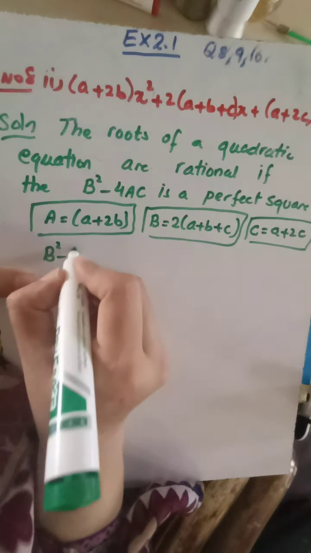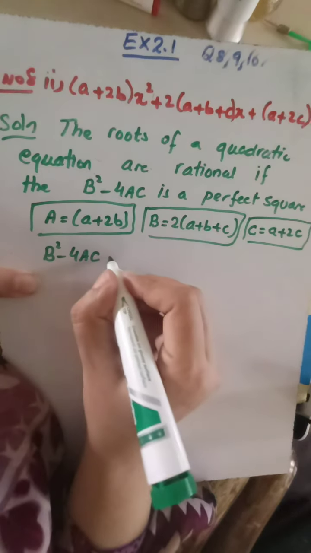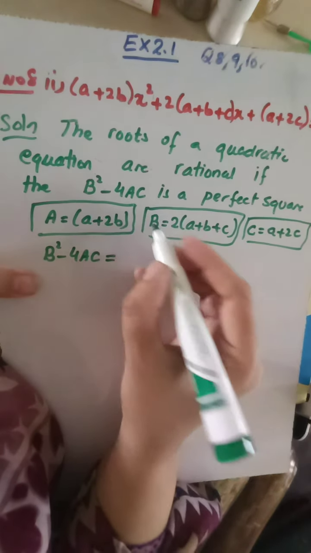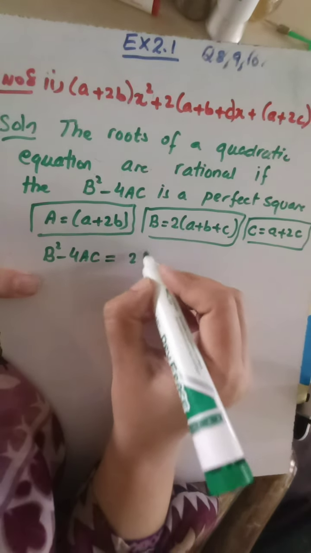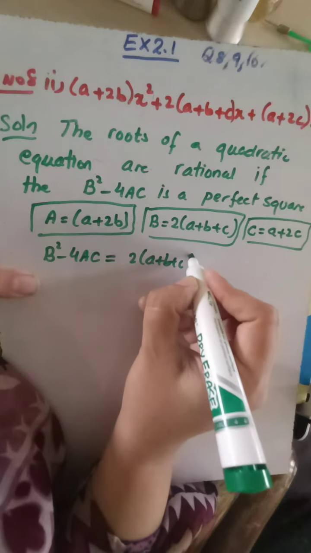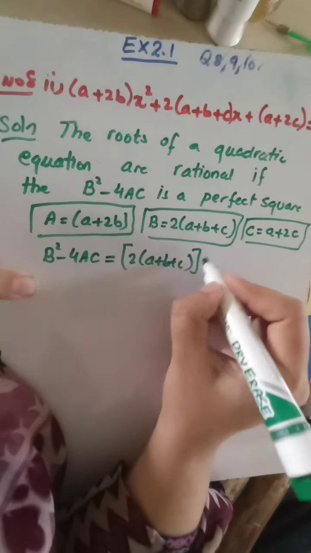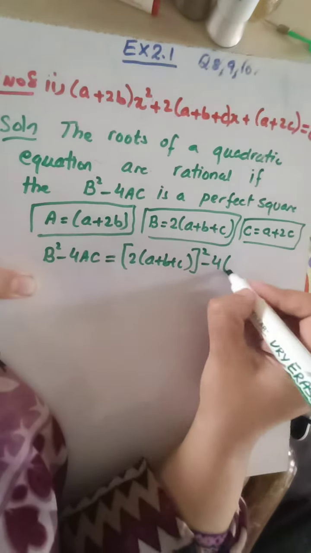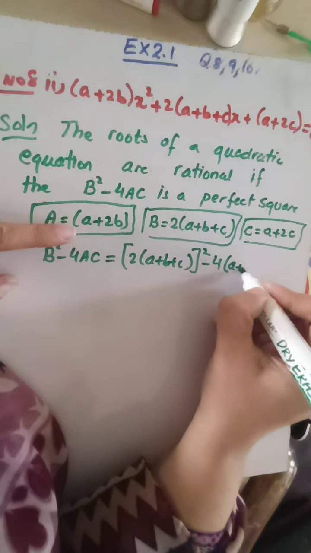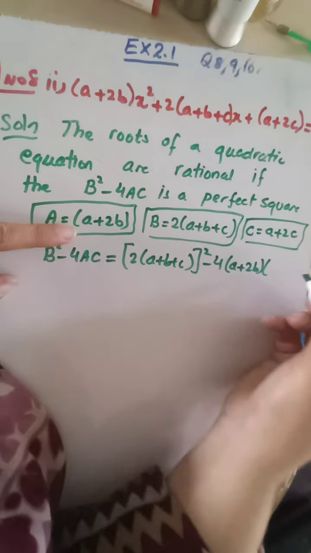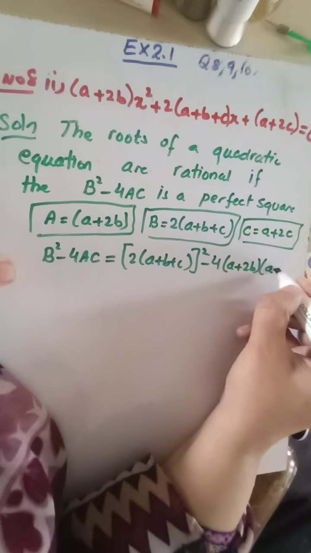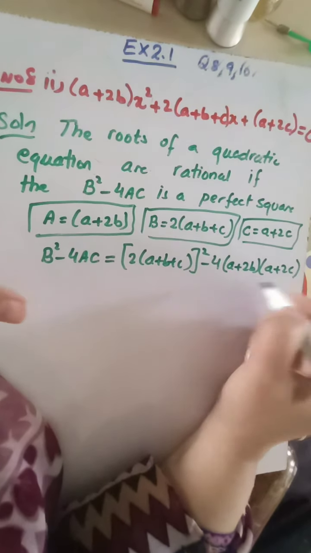For that, this will be equal to B square, which is twice of a plus b plus c whole square, minus 4 times A, which is a plus 2b, into C, which is a plus 2c.